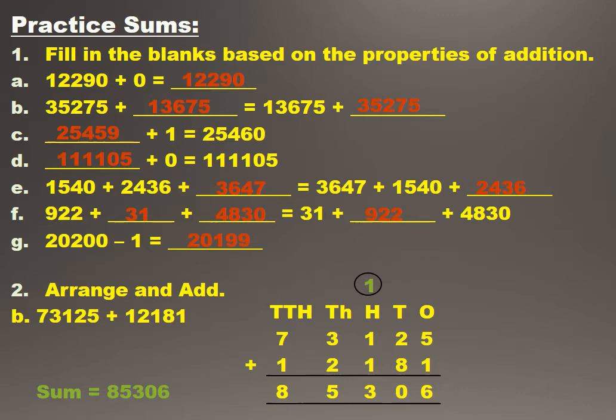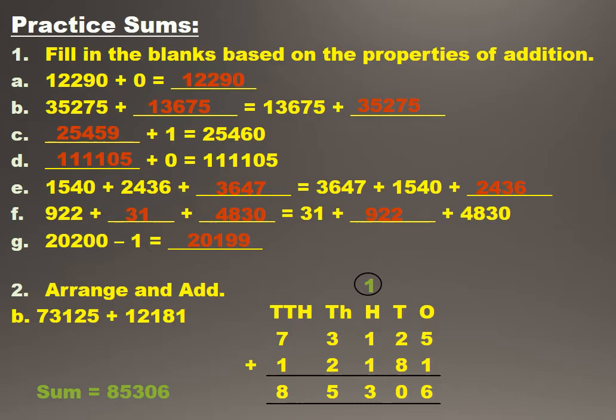In B question, see, the order is changed. How? On first place, what is written? 35,275 plus gap, that is filling the blanks, is equal to, on right hand side, first number is 13,675 plus gap. There you have to put the second number. Now you have to compare both sides, left hand side and right hand side. Left hand side, there is 35,275 on first place.